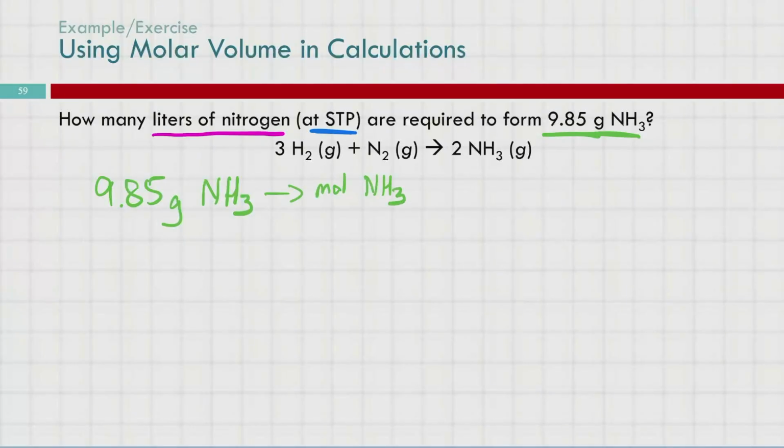Once we get to moles of ammonia, what can we do? Yeah, turn it into moles of N2. For this first step, we need molar mass. For this second step, we need the ratio from our balanced equation.